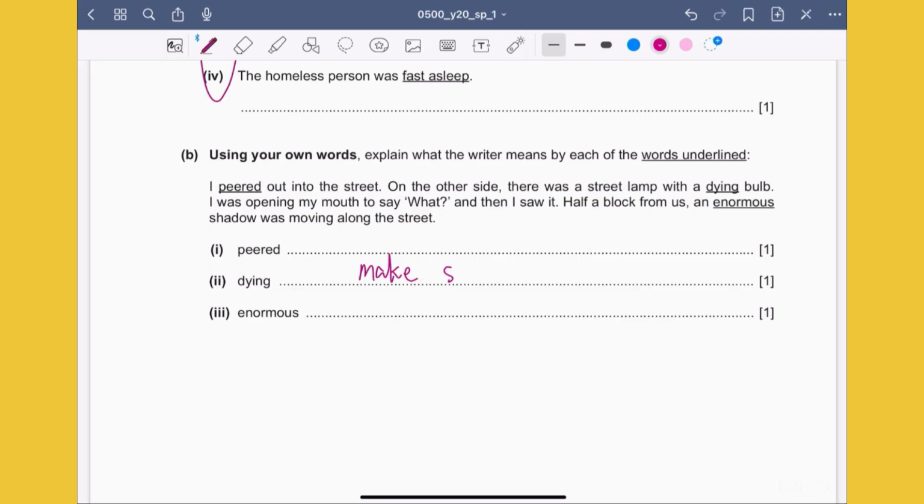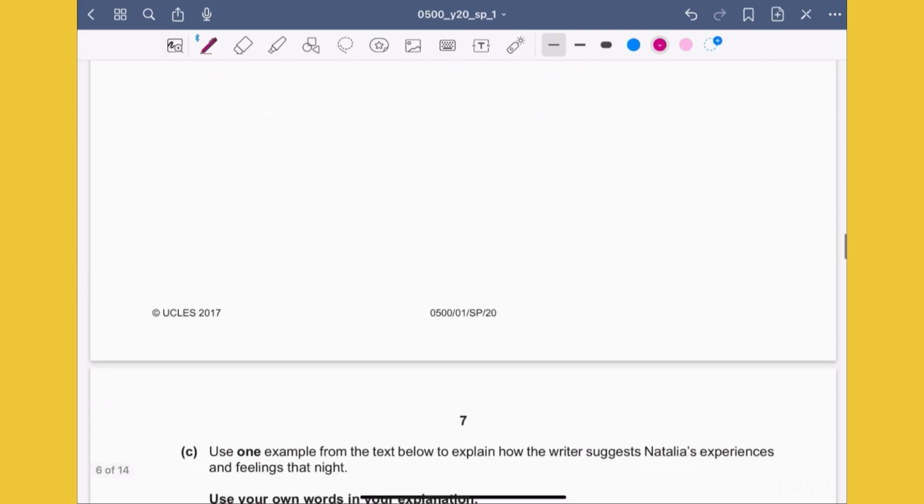Make sure the synonym you give fits into the context. Okay, moving on.